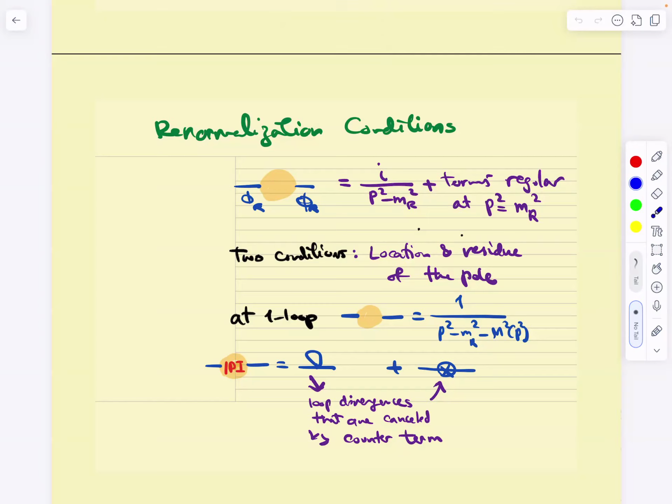Now you're going to perform your measurement and read off the value of the mass. You equate the left-hand side with the right-hand side. You're going to do an experiment of this type for the propagator and for the vertex. This data coming from experiment will fix your deltas at that energy scale where you perform measurements. That renormalizes your theory. Now that you fix the values of delta, you go and calculate whatever diagram.